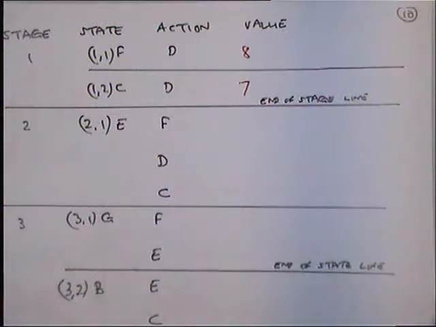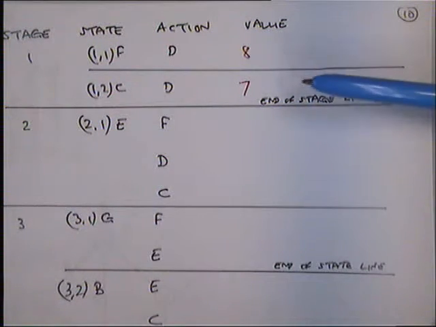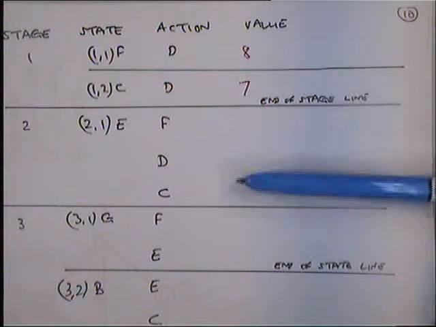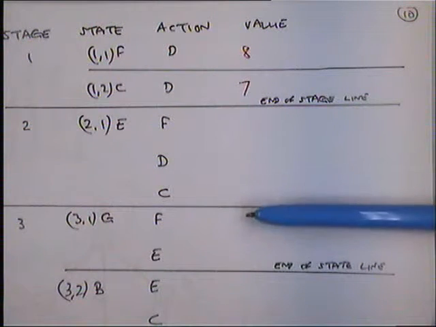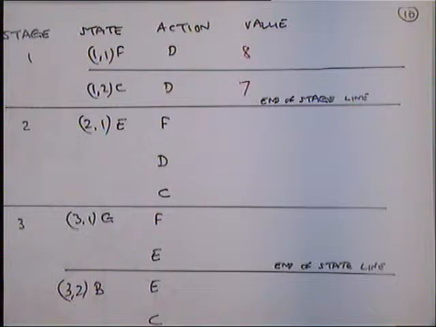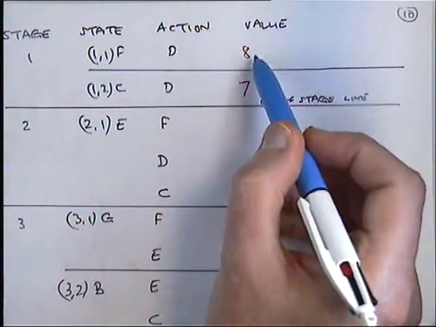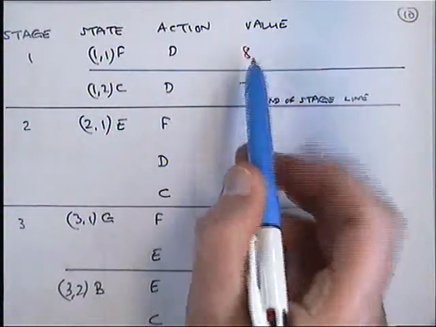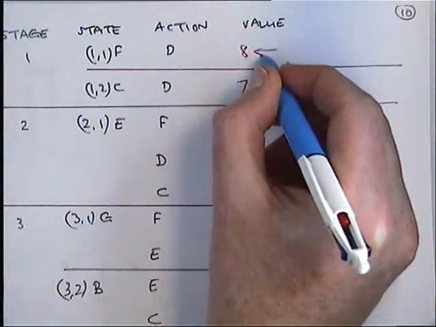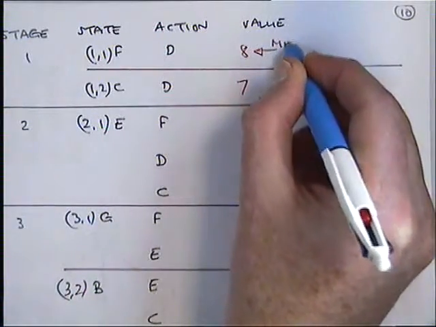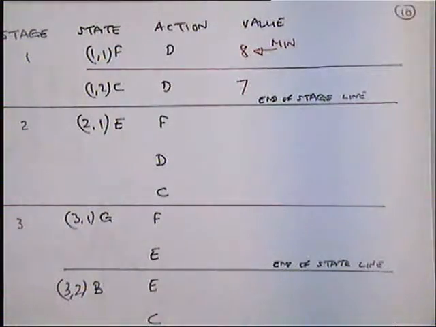Now, in this one, in each state, we've only got one entry. Further down here, we will have multiple entries in each state. And what you now do is this. For each state, you arrow the minimum value. So here, in this state, there's only one value, it's 8. You arrow it. And this is a minimizing question, so we're looking for our minimum value in that state.